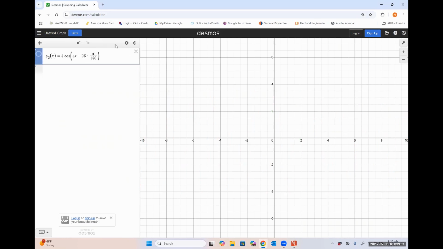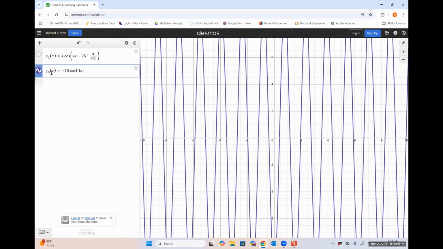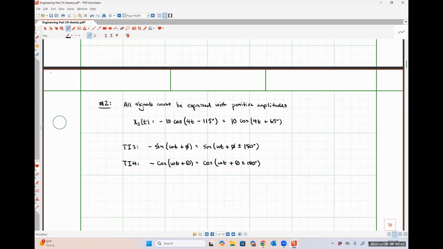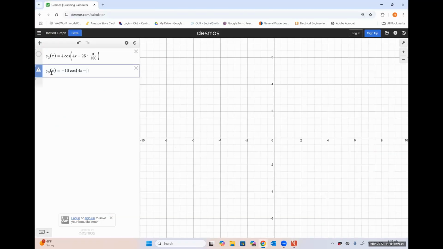So let me get rid of that guy. Let me add another one down here. I want to add an expression. So let's call this y3. We're starting with negative 10 cosine 4x minus 115.